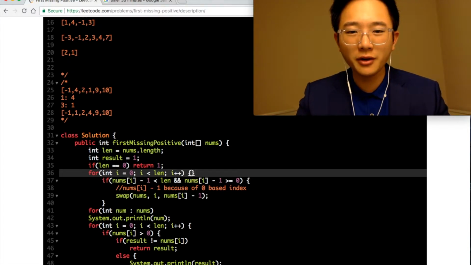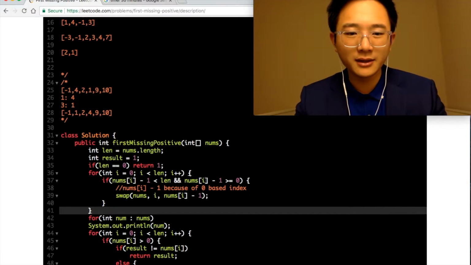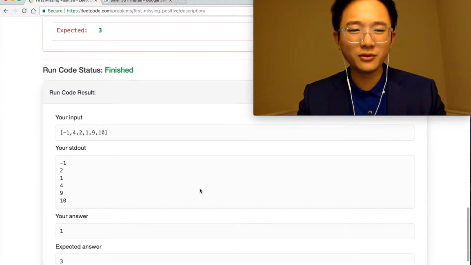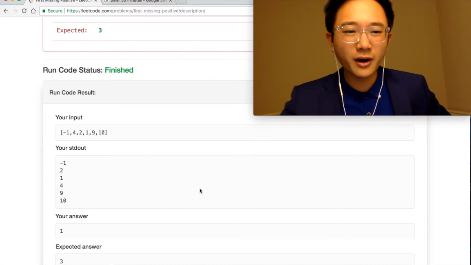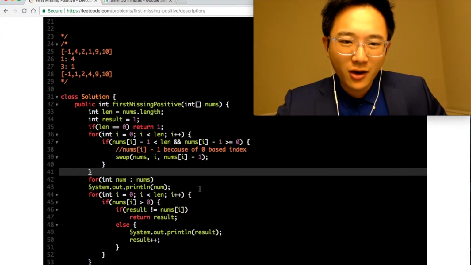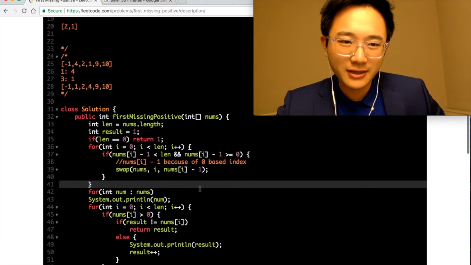I should put curly braces no matter what. My standard output is still -1, 2, 0, 2, 1, and 4, 9, 10. Okay. Now it's getting interesting.